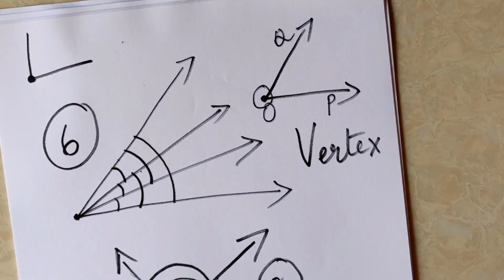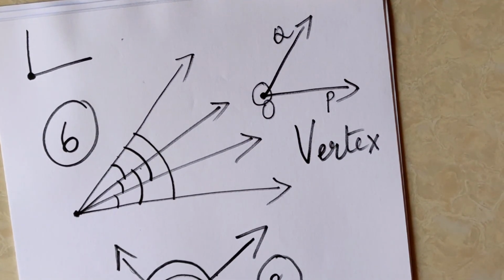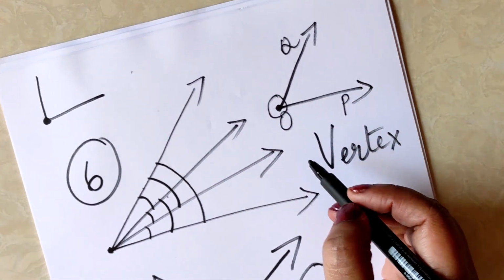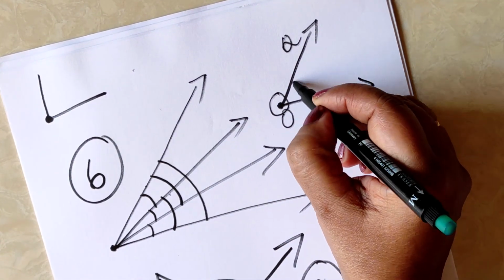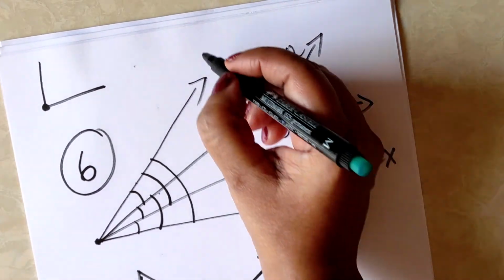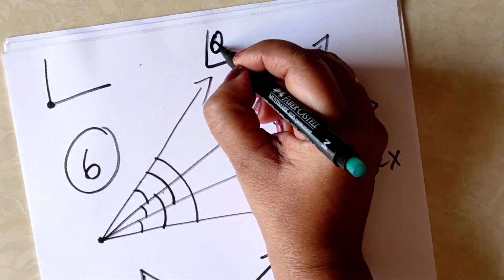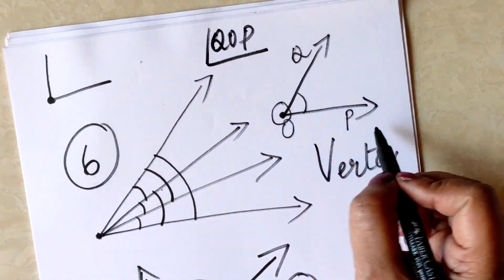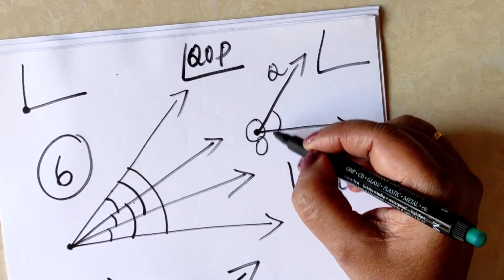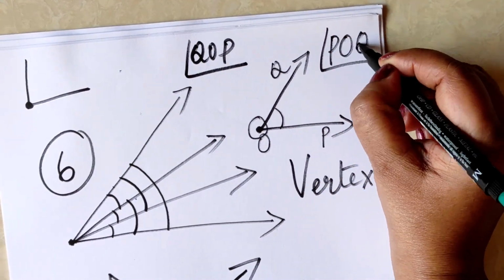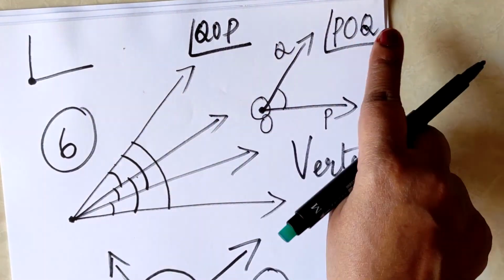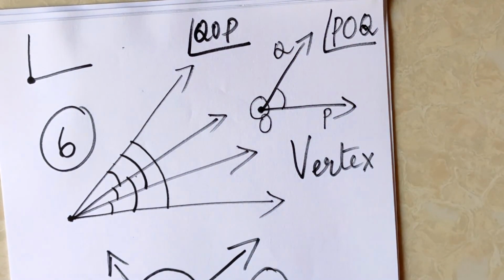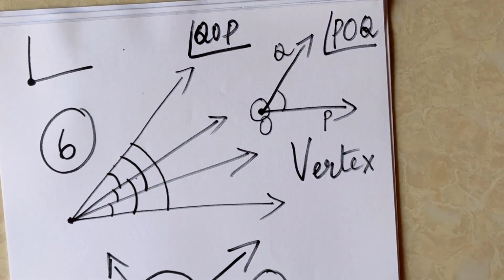We can say also rays. Rays are called arms. So how to read this angle? So angle is formed between these 2. So how to read angle? Angle QOP or angle POQ. So this is how we can read an angle between the 2 arms. Is that clear now?